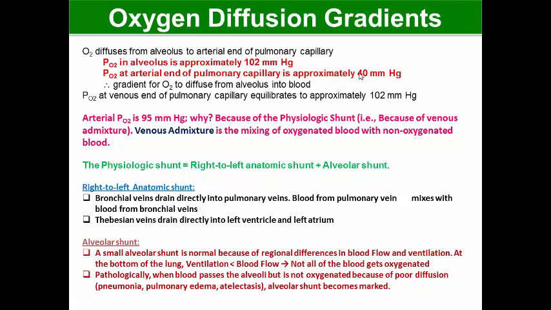for oxygen, and it is because of this gradient that oxygen diffuses and equilibrates. Now the partial pressure of oxygen equilibrates to approximately 100 to 105 by the end of the pulmonary capillaries, i.e. at the venous end of the pulmonary capillaries. Now a very important question arises.